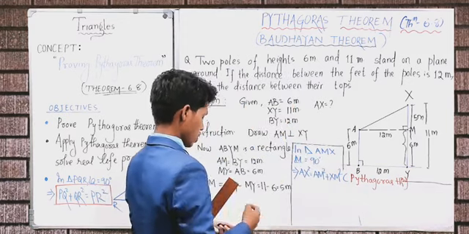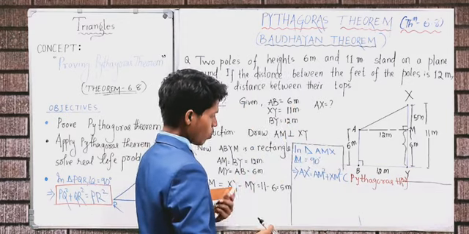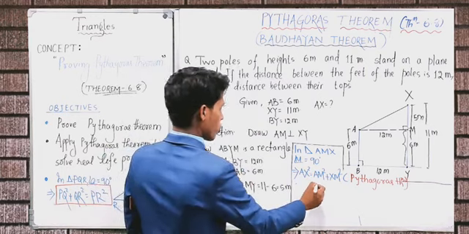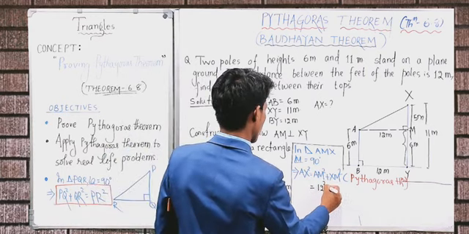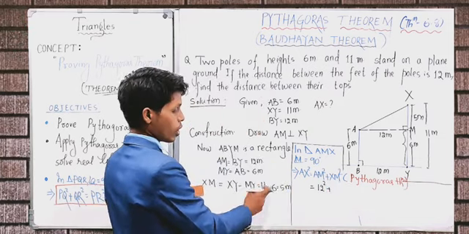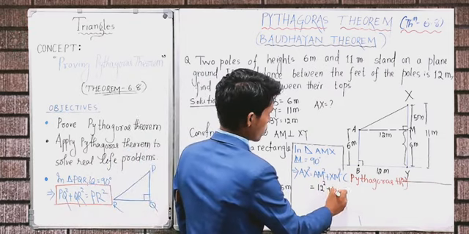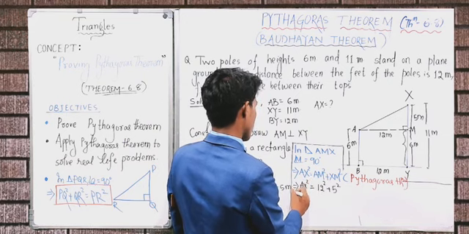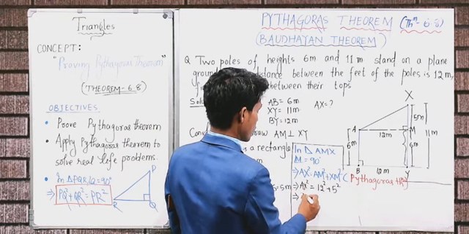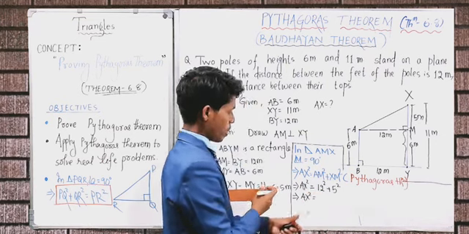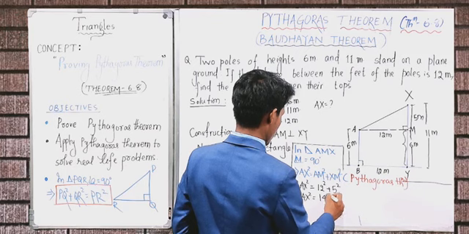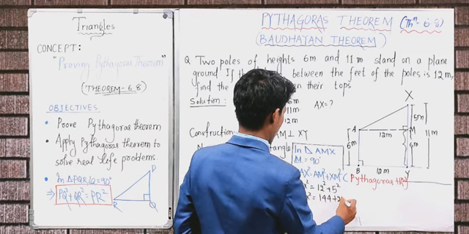Now let's move to next part, that is we know AM is equal to 12 meter, we will put the value 12 square, plus XM is equal to 5 meter, so we will put 5 square, which is equal to AX square. This implies AX square is equal to, we will find out the value of 12 square, which is equal to 144, plus 5 square, which is equal to 25.